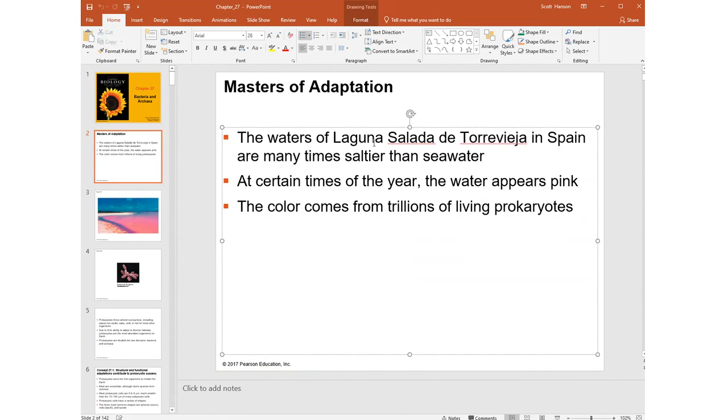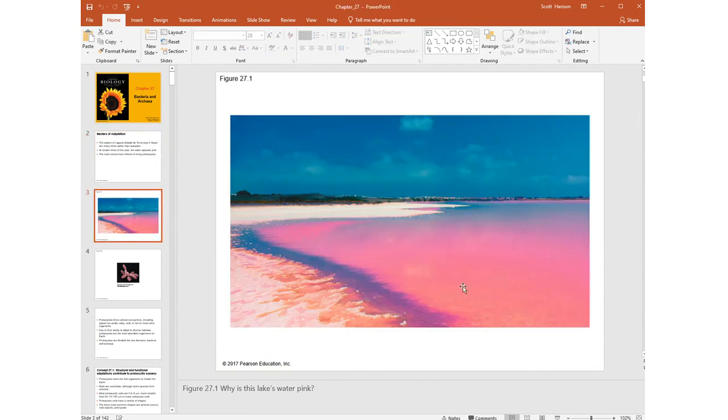But anyway, the seawater there gets saltier than usual seawater, and at certain times of the year the water turns pink because of trillions of prokaryotes living there, and here you can see it.